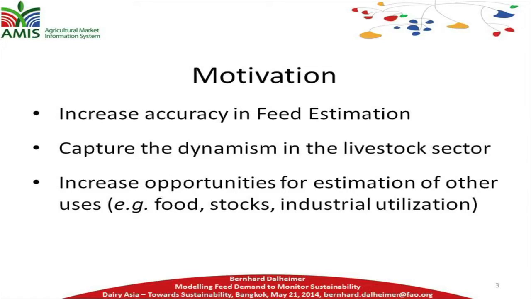That's what we want to improve, and we also want to improve the opportunities for estimating other elements in utilization accounts, which would be, for instance, food or stocks, industrial use, the biofuels, what we have.